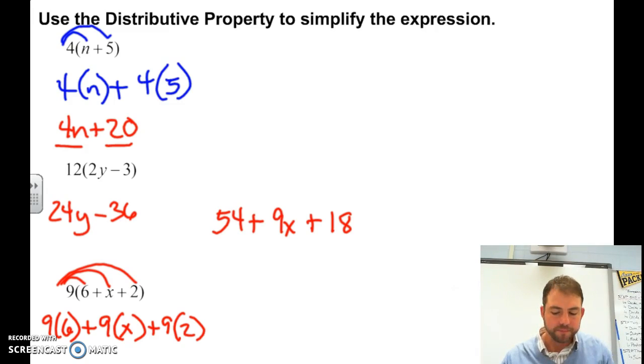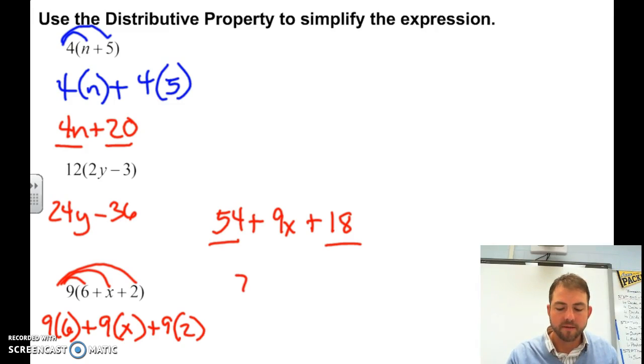Now this problem, we have 2 constants, 54 and 18. There is no variable. Since this is all addition, we can combine those 2 terms together to make a simpler expression. Okay? So, when we combine these 2 terms together, we get 72. 54 plus 18 is 72, plus 9x.